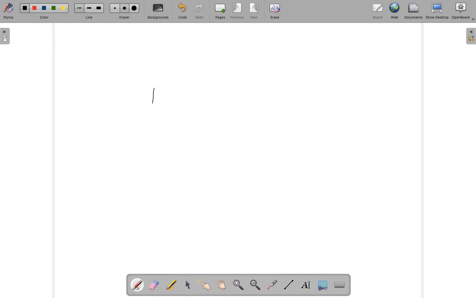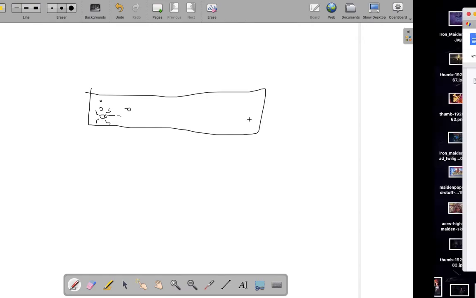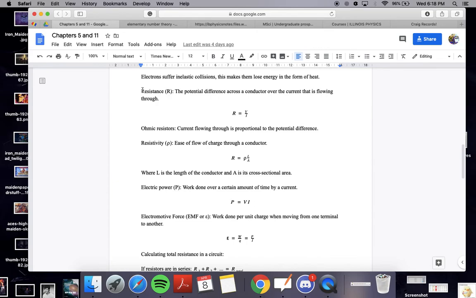So if we visualize inside a conductor, let's assume this is a really zoomed in version, and you have the molecules present over here, and you have these tiny electrons that are moving through. Occasionally what happens is the electron actually collides with an atom and releases heat as energy. So this is what is resistance.